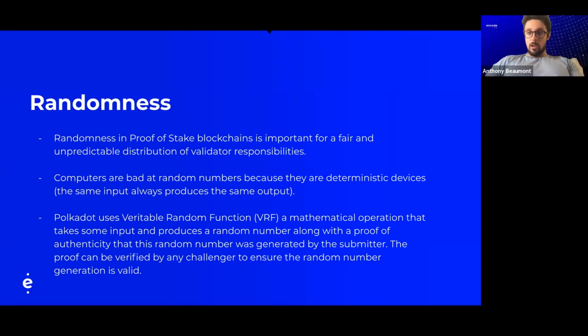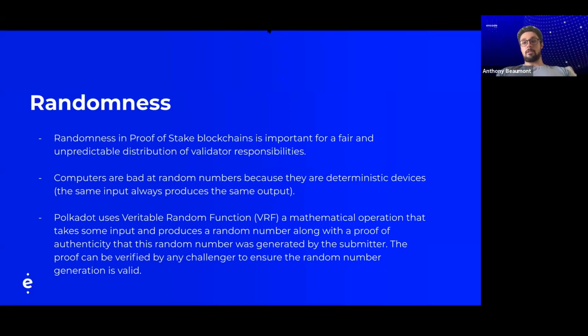They work by a process that is code-based and software and hardware-based. And if you know that, you can always find the path that a particular blockchain or computer has taken to develop the random number. So we have to use these things called verifiable random functions, which we'll go through now, that are mathematical operations that take some input and produce a random number along with the proof that this is random.